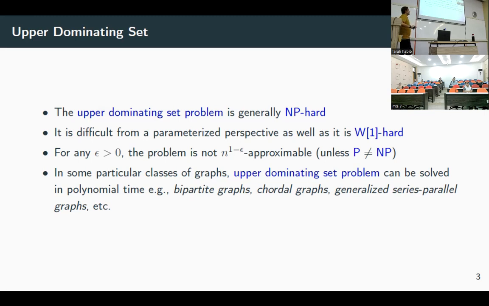For example, it can be computed easily in polynomial time for bipartite graphs, chordal graphs, generalized series-parallel graphs, etc. So these are some special cases where the approximate methods may work, but you don't know beforehand what the upper dominating set of the graph is.